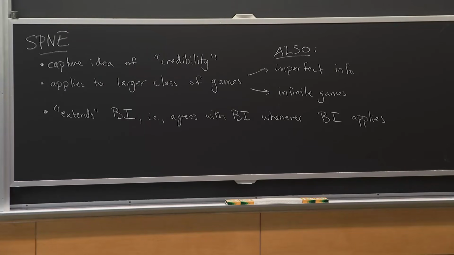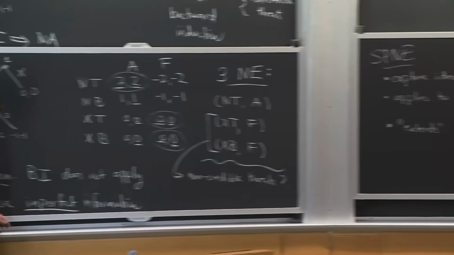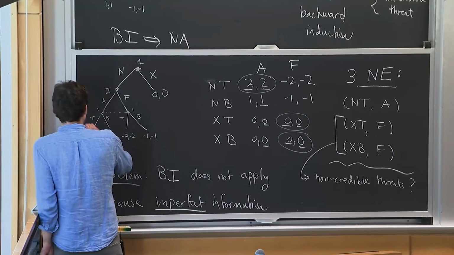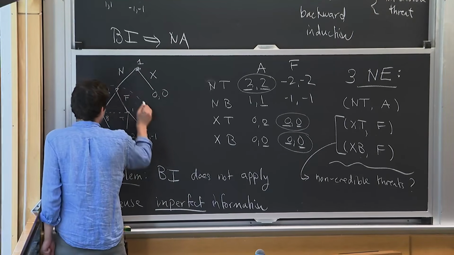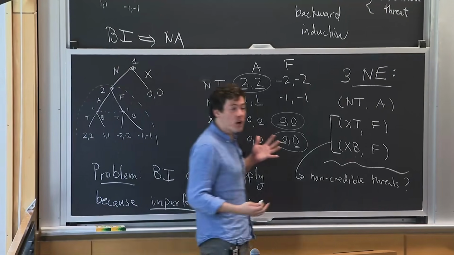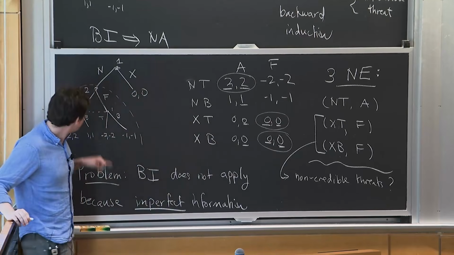OK, well, let's try to understand what went wrong, what was non-credible about this. And I'd encourage you, one way to think of this, well, we have the term subgame in the name subgame-perfect Nash equilibrium. We're going to think of subgames, that is, smaller games that are part of the larger game.